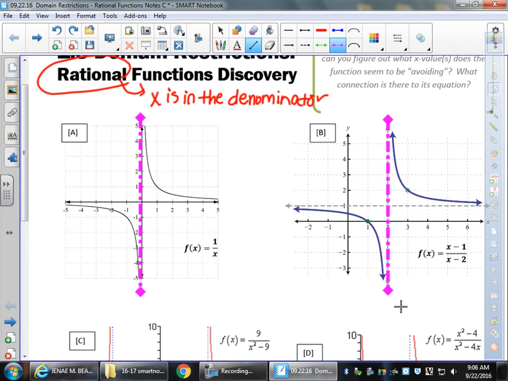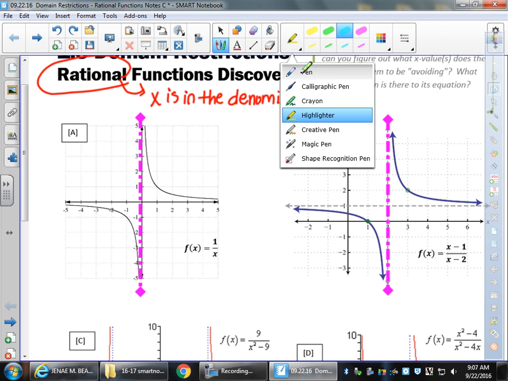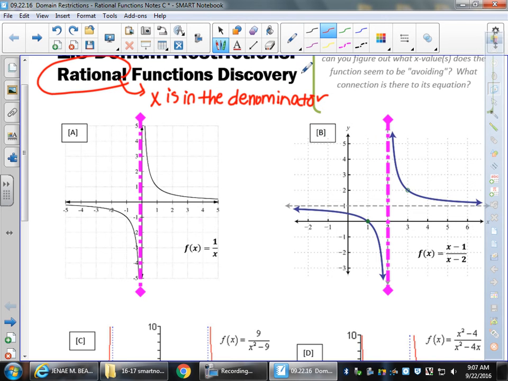So this one's different. This one is avoiding this y-axis, but here we do have equations for vertical lines. Are they x equals a number or y equals a number? So this would be x equals what? Good job. So if I come back over, this would have been x equals 0. Horizontal and vertical lines, that was last year.